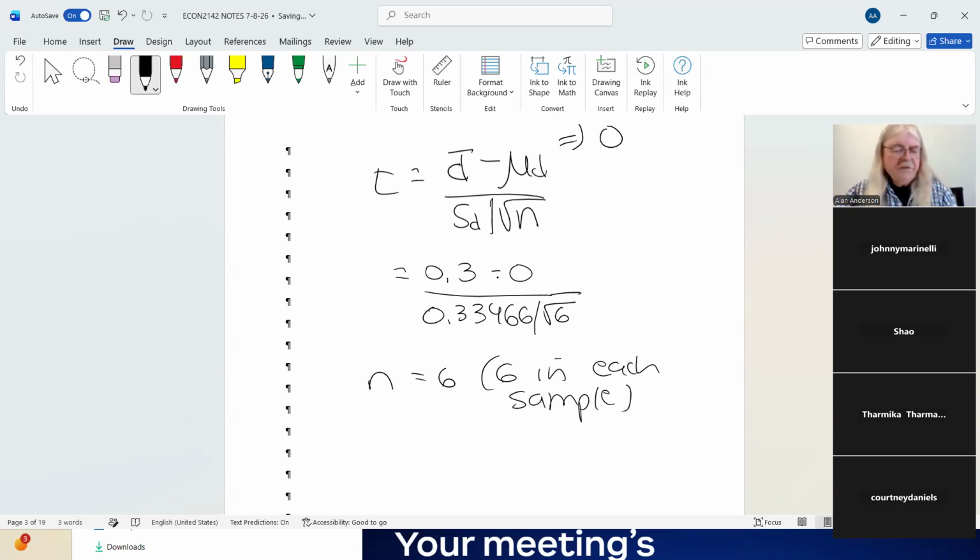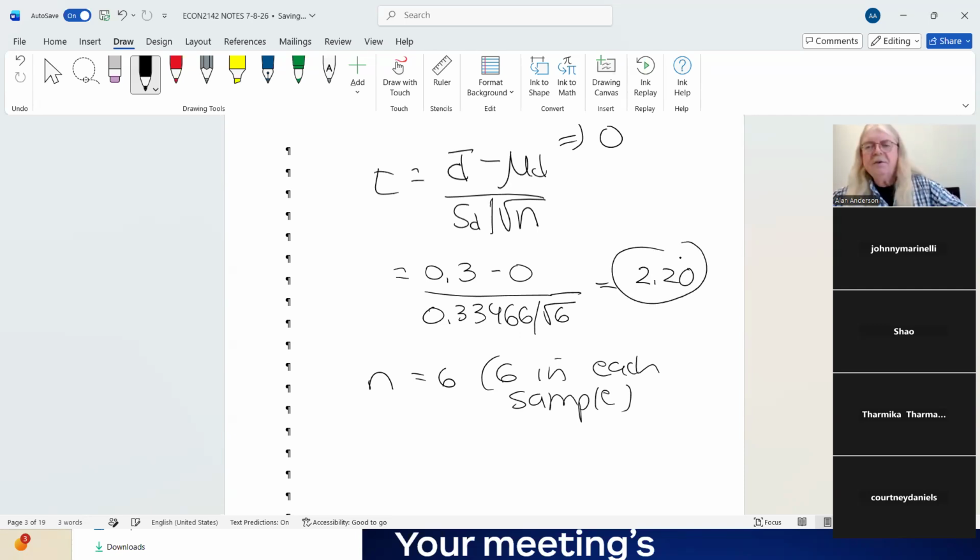Now, if you pop that into your calculator, your test statistic will be approximately 0.2. Close enough.